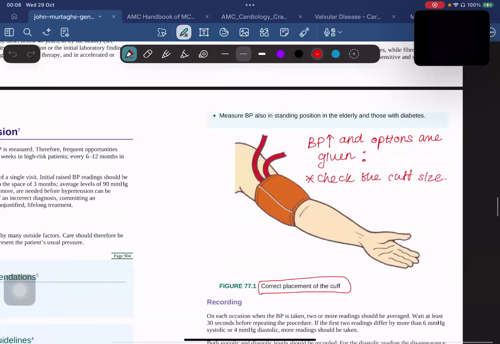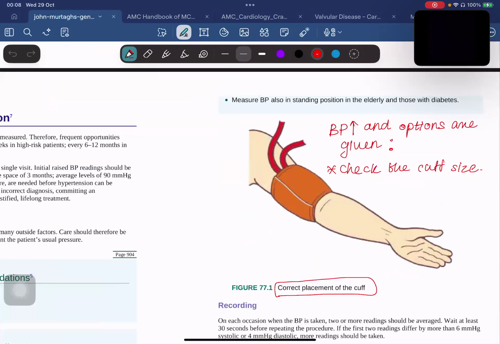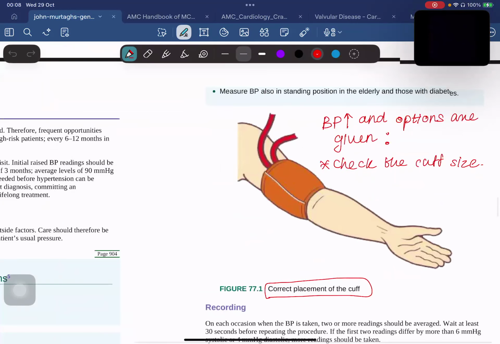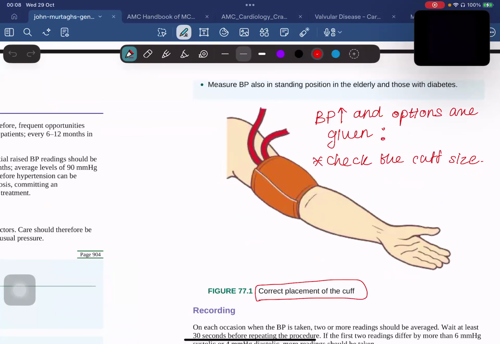Now this is a question that has appeared in the past. They would give you a high BP situation of a patient with zero symptoms, a proper healthy, asymptomatic individual, maybe even a young patient.